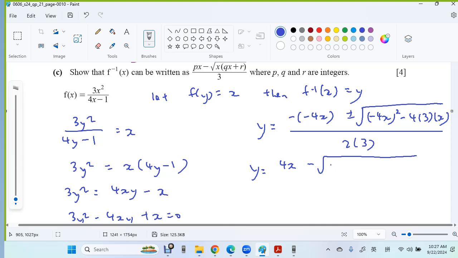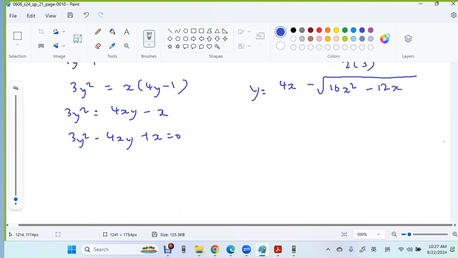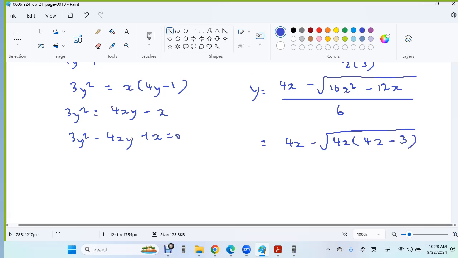This one is 16x squared minus 12x over 6. So for this, we have 4x minus the square root, we factorize 4x, then we have 4x minus 3, and over 6.